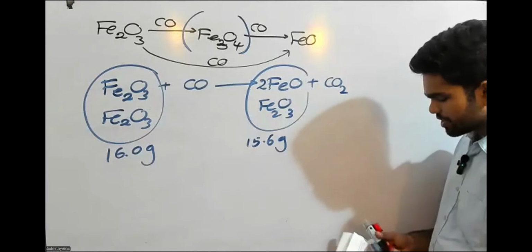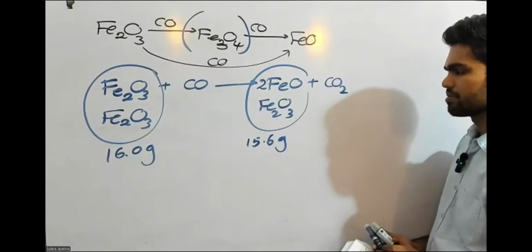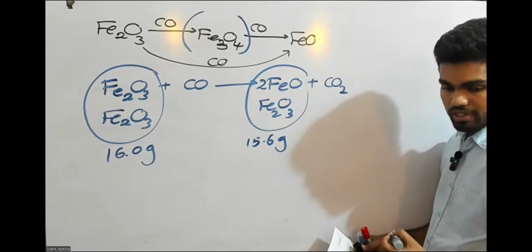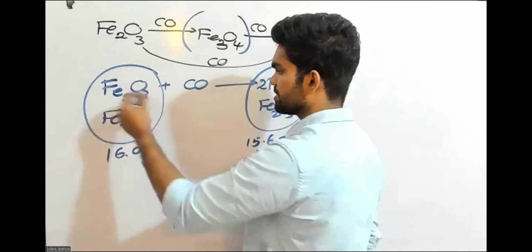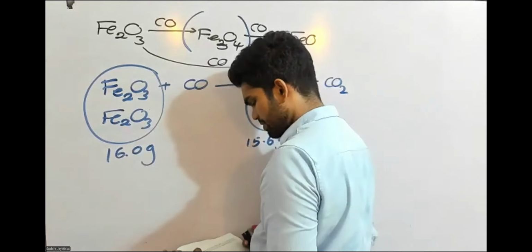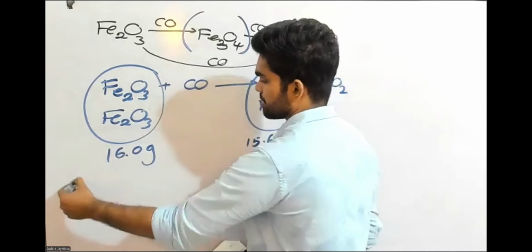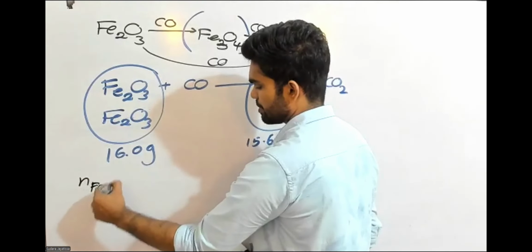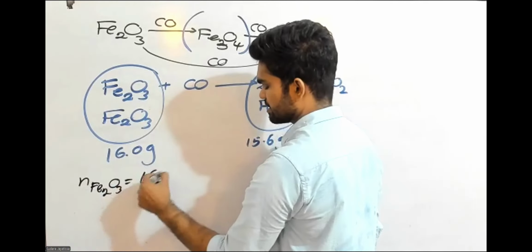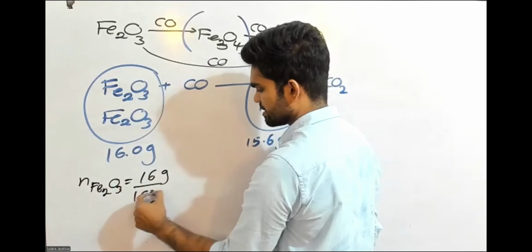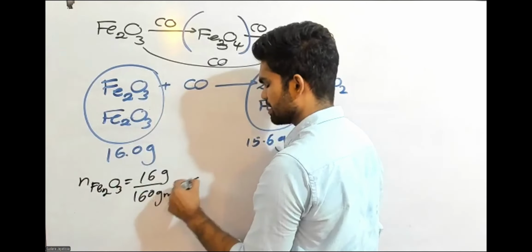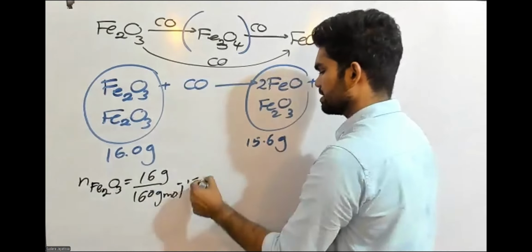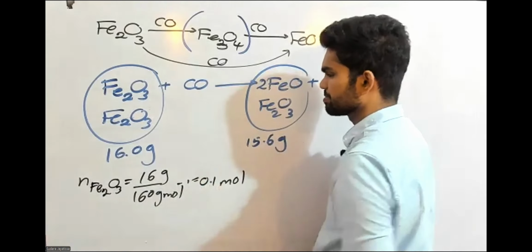So there are several methods you can do this one. Let's say out of the total moles, you can find the total moles by this. This is a pure sample of Fe2O3. So we can find moles of Fe2O3, which is 16 grams divided by 160 grams per mole. That is the molar mass of Fe2O3. You will have 0.1 mole.